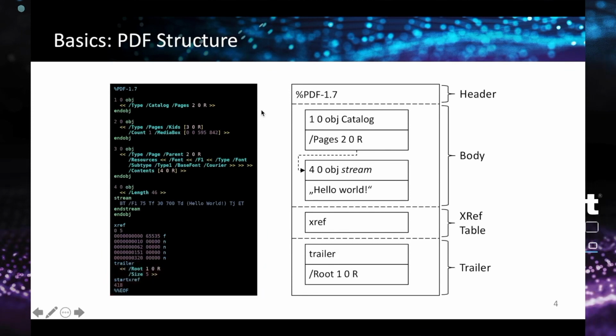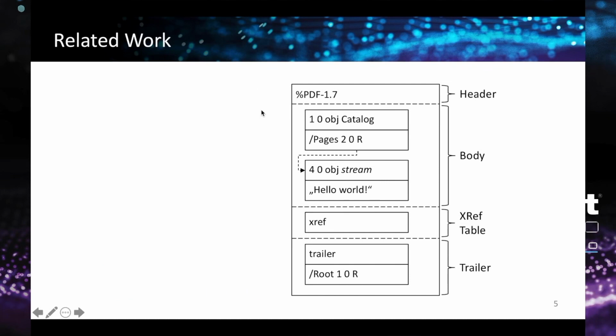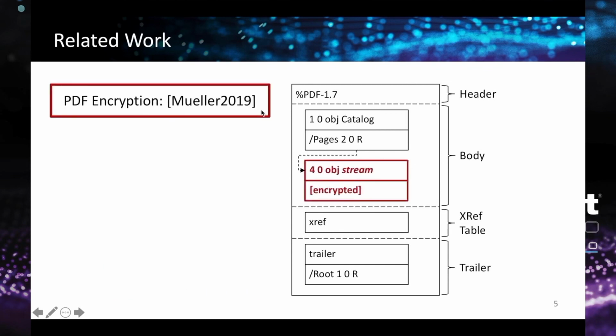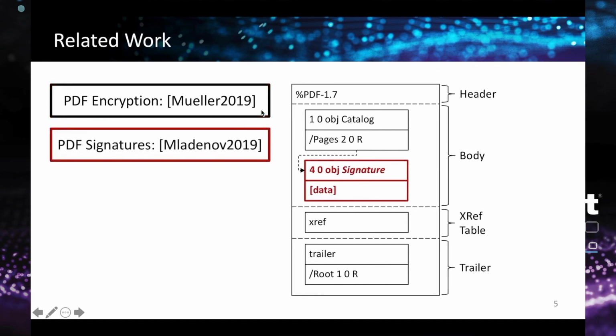Now let's have a look at some related work. So in the past, when talking about PDF security, we have seen various things like, for example, the recent attacks on PDF encryption and also on PDF signatures, which we both demonstrated last year.